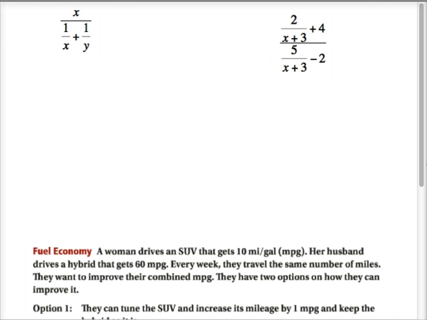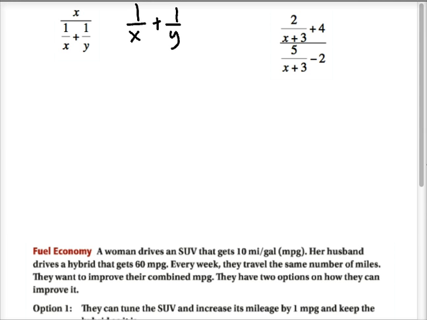So let's take a look at another example. Now, this next example is nice because our numerator actually doesn't have a fraction in it. So we only have to worry about getting a fraction in the denominator. So 1 plus x, 1 plus y.